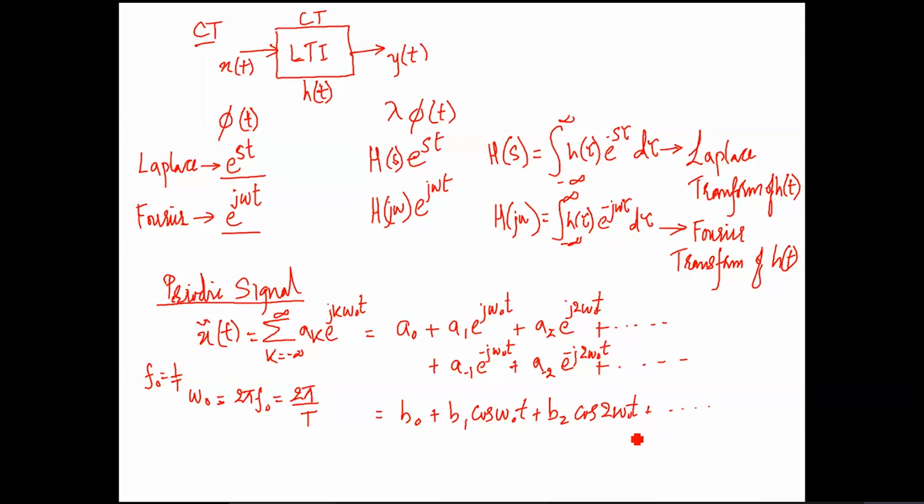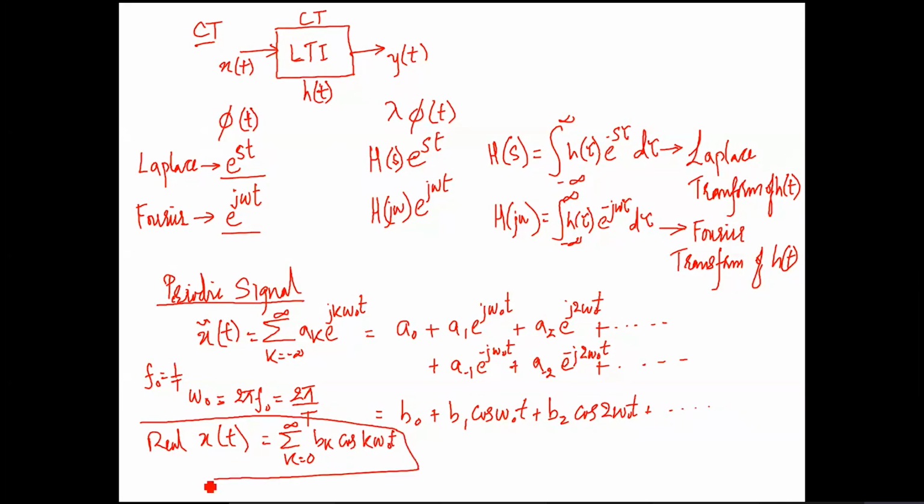This happens if you have a periodic signal which is a real signal. For real periodic signals, we can express them in terms of a sum of scaled cosines, where k starts from 0 to infinity, b k cosine k omega naught t. So this is for a real periodic signal.